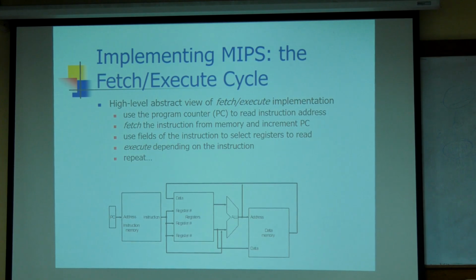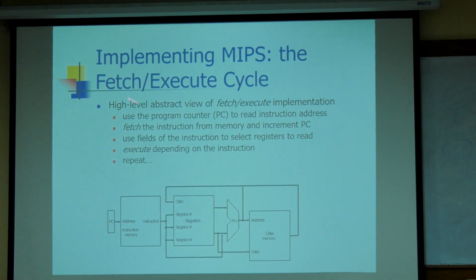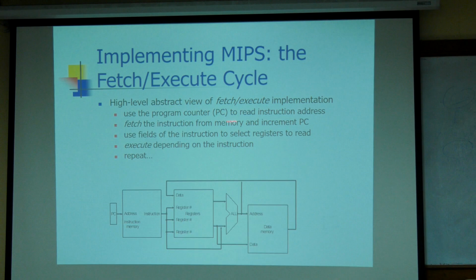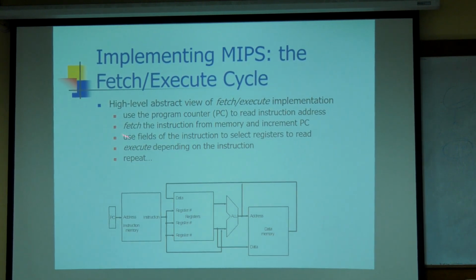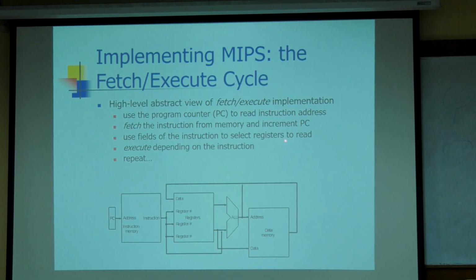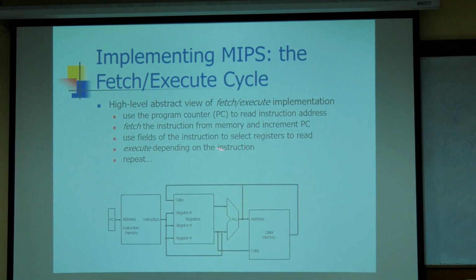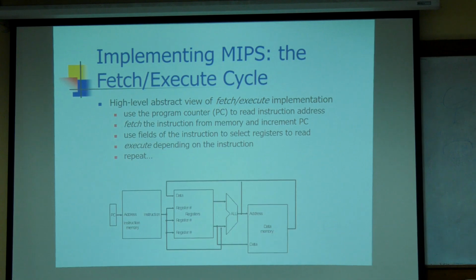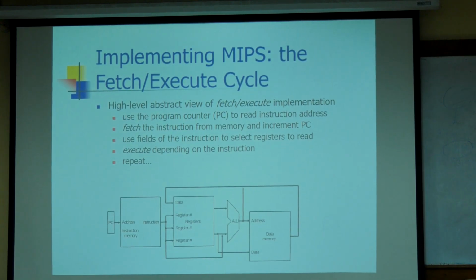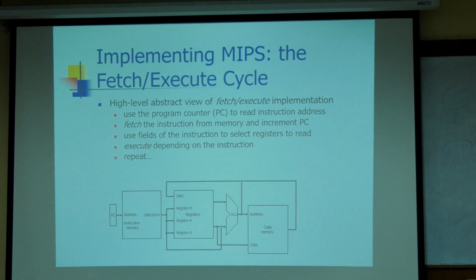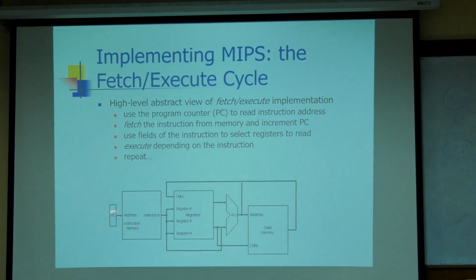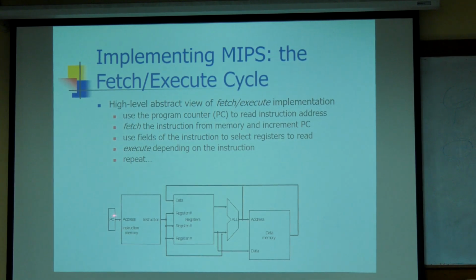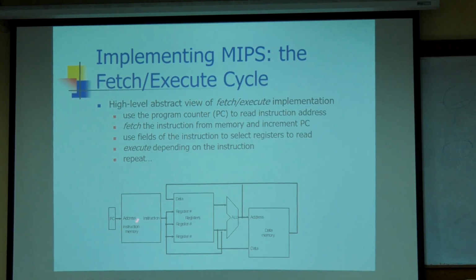Use the program counter to read the instruction address, fetch the instruction from memory and increment PC. Use fields of the instruction to select the registers to read and execute depending on the instruction, and then repeat. This is the process for instruction execution. For that we require a program counter, and one program memory, the instruction memory, where the program is going to be stored.